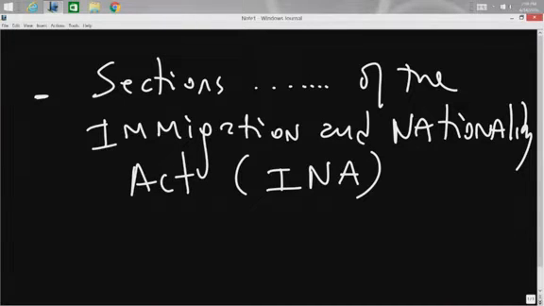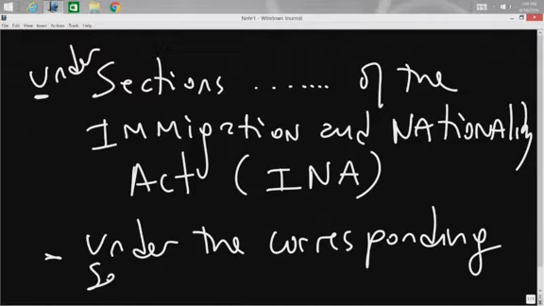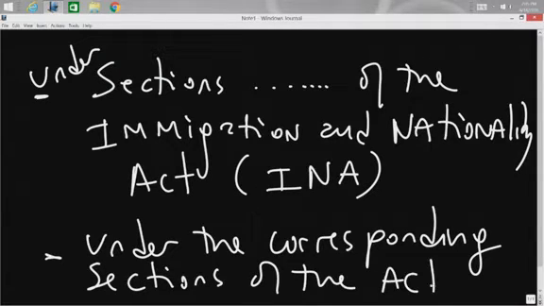You can transfer this into the opposite language as "under the corresponding sections," because this is plural, "of the Act." So these two are the same for purposes of transferring the message.